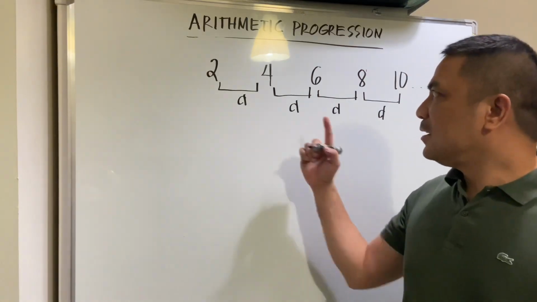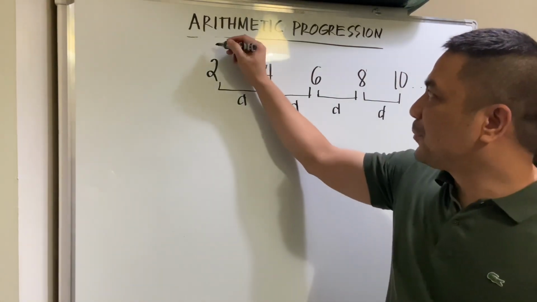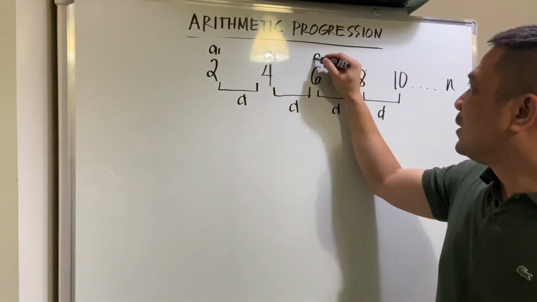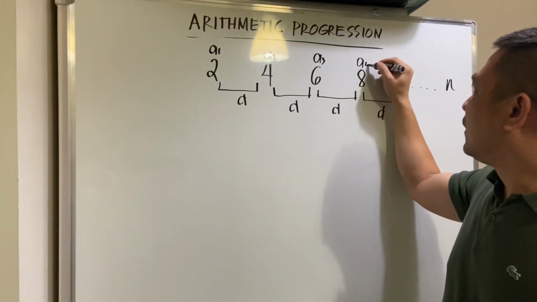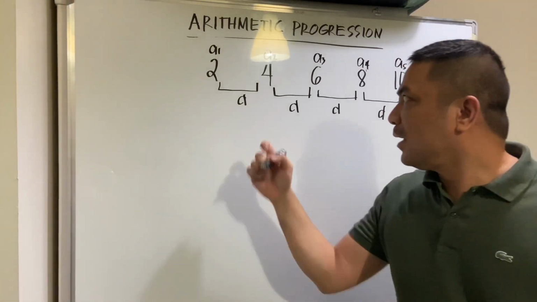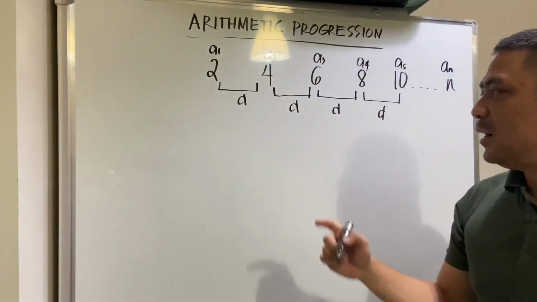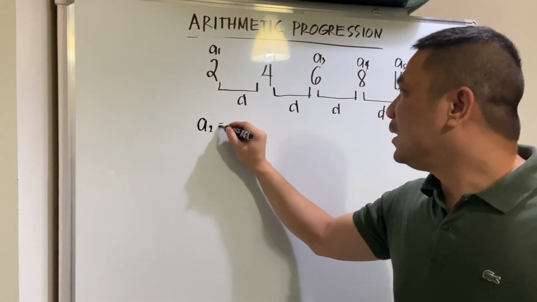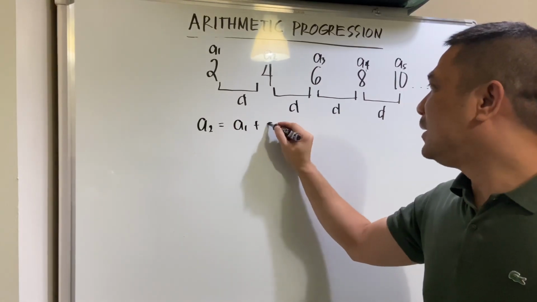In this case, we have 2 as the first term, 4 will be the second term, and 6 will be the third, and so on. If I want to get the value of the second term in terms of A1, the first term, I could have A2 is equal to A1 plus D, right?